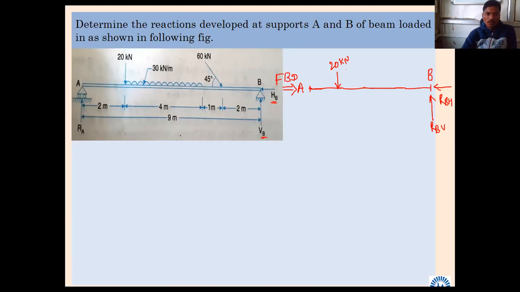So 20 kilonewton. Then UDL. What will be the total intensity of the UDL? 120 kilonewton. And at what distance from point A do we have to show it? 4 meter. Very good. 4 meter.